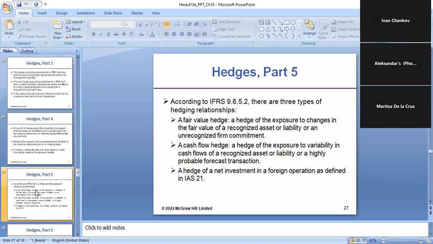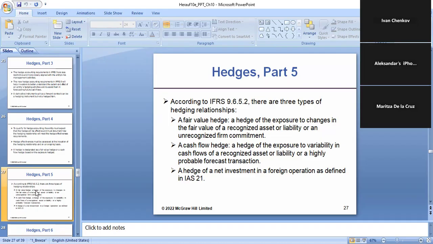Now, there are three types of hedge relationship. Fair value hedge, which is the hedge of the exposure to change in the fair value of a recognized asset or liability or an unrecognized firm commitment.